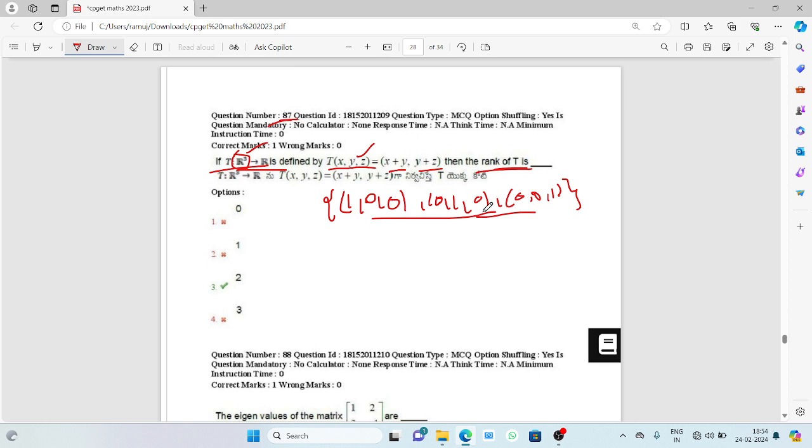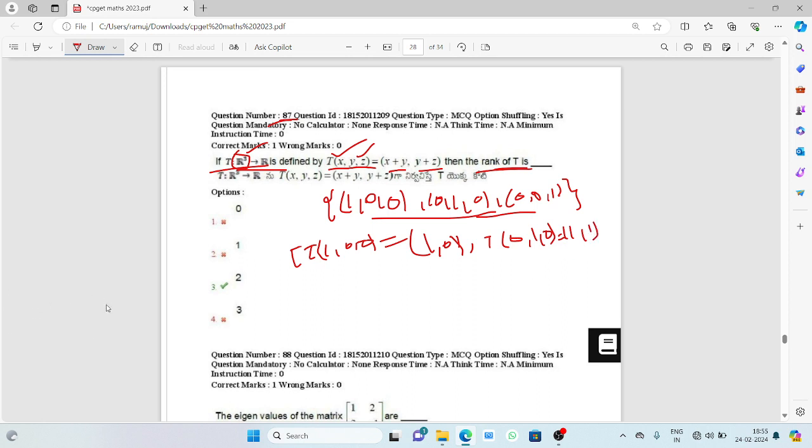You just substitute these three in this linear transformation. You will get T of (1, 0, 0), so that will give you (1, 0). Similarly, if you substitute the second one, T of (0, 1, 0), that will give you (1, 1).